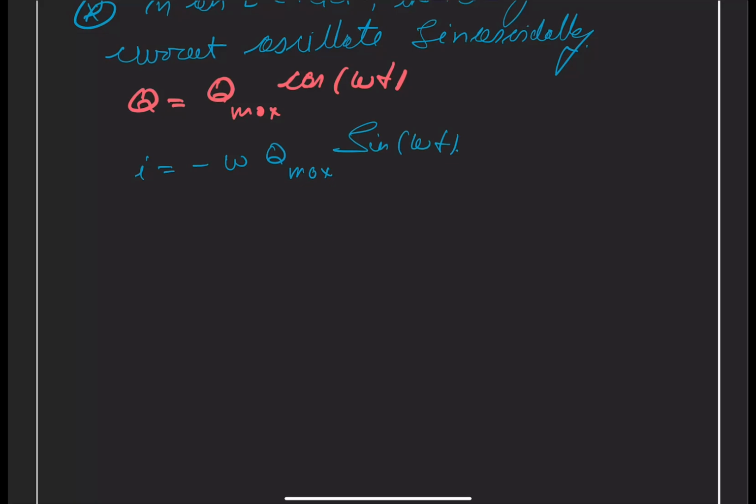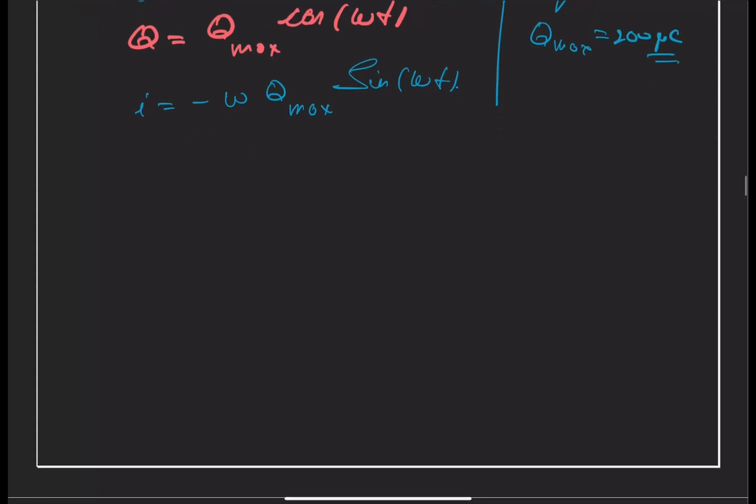And please keep in mind that Q max is given to us as 200 microcoulomb, which is the maximum charge on the capacitor. It is also said that it is oscillating at its natural frequency.